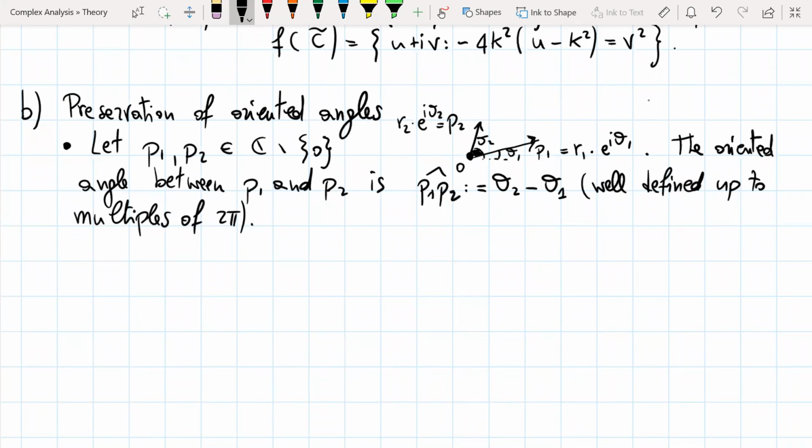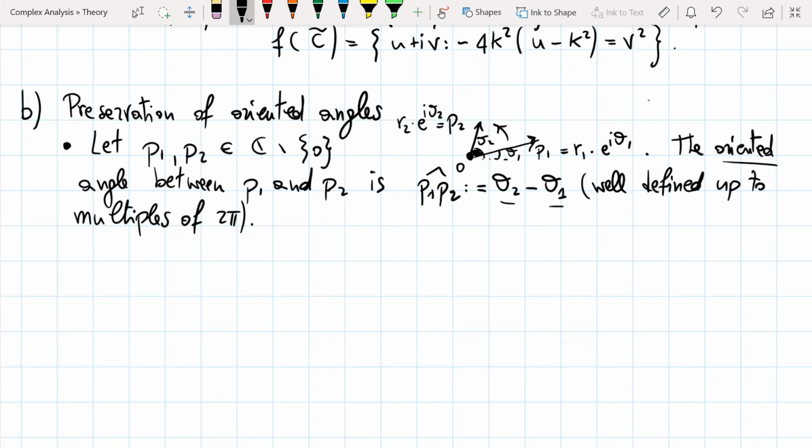Why do I mean that the angle is oriented? Because here I'm thinking of the angles as increasing in the counterclockwise direction. So we are taking here theta 2 minus theta 1. So this means that this angle, I'm thinking the angle of going in this direction.